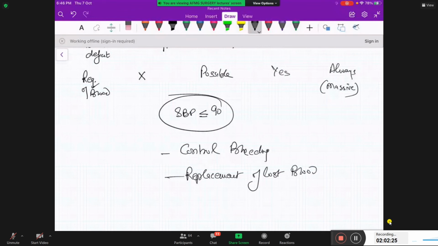Agreed? So in any patient of trauma, we have to control bleeding and we have to replace the lost blood and fluid. Now, out of the two things, you can apply your understanding with the bucket and the hole. Out of the two, what is your priority?